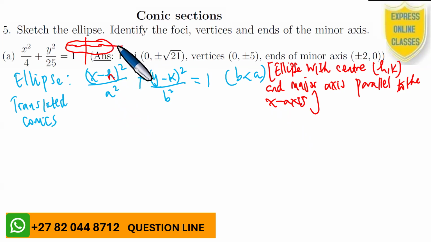It's going to be like an egg that is lying down, because the x is bigger. The a is bigger, so x is bigger, and then the y is smaller.